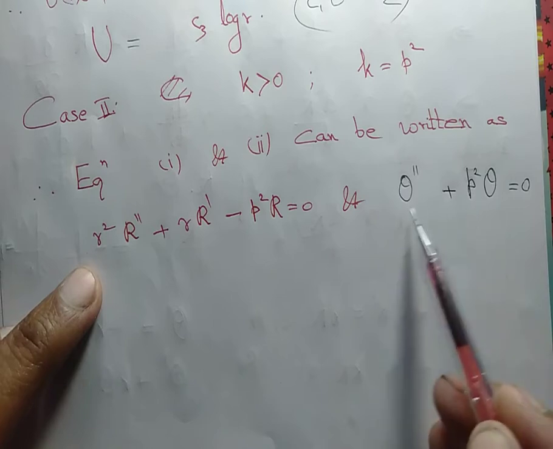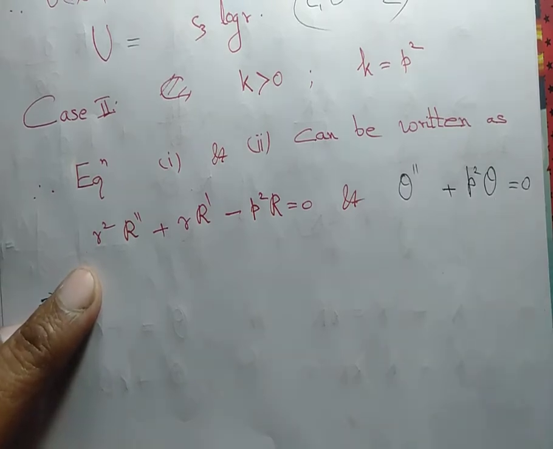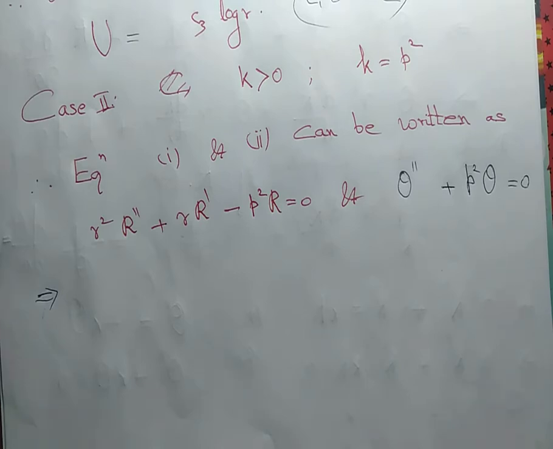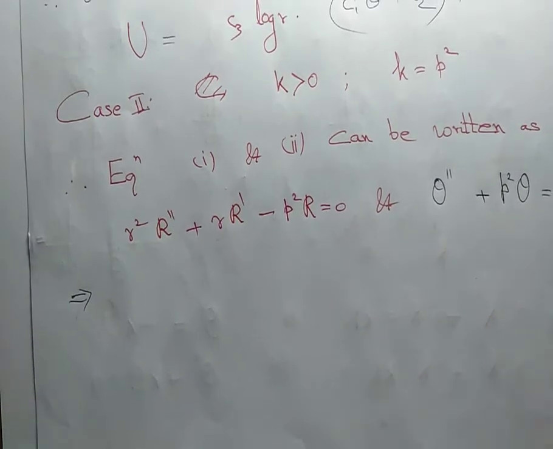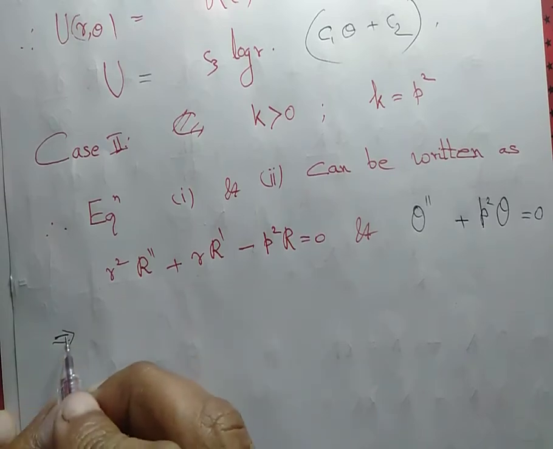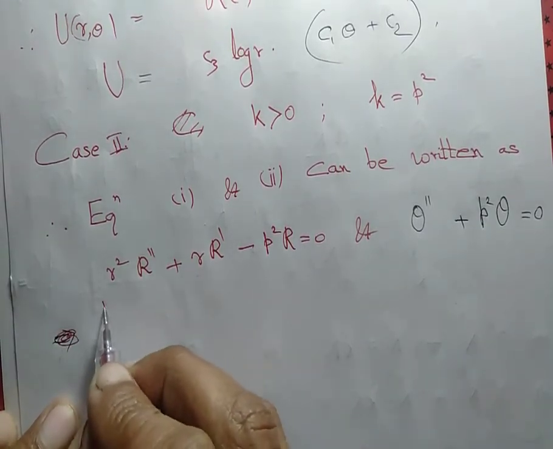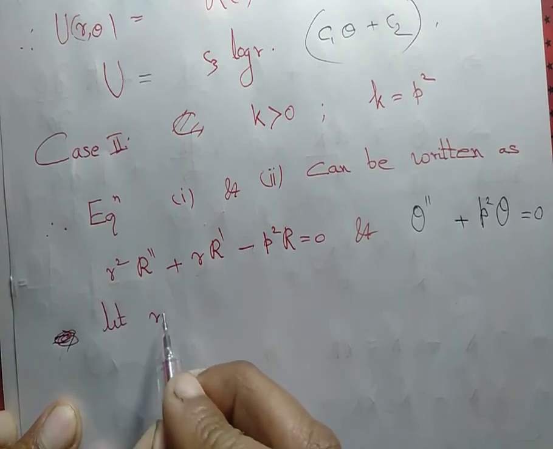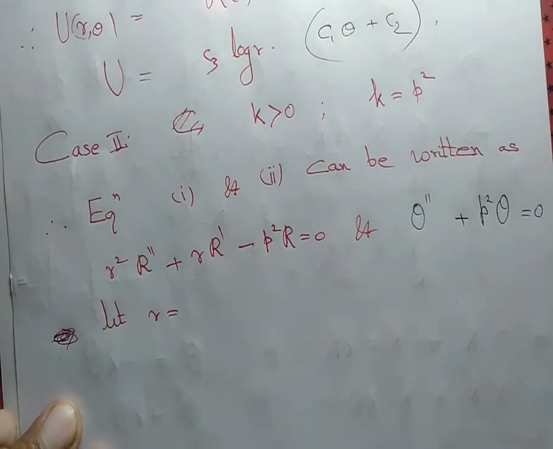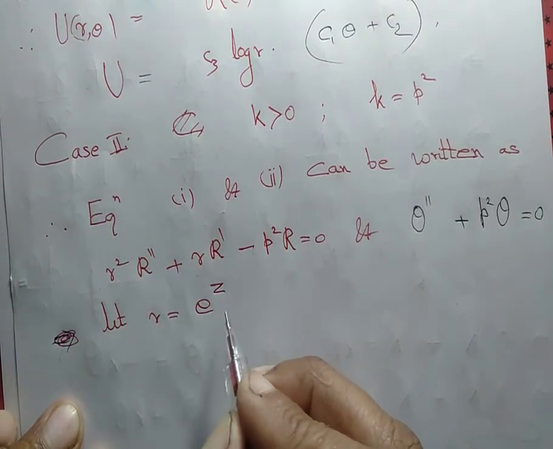This one is pretty simple. If you remember, it's just a simple harmonic motion kind of problem. You might be able to solve it directly, or you may note the direct answer for that. But for this one, this is a homogeneous differential equation of order 2. Let r equal to e to the power z.